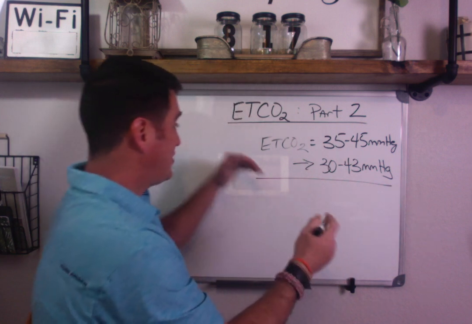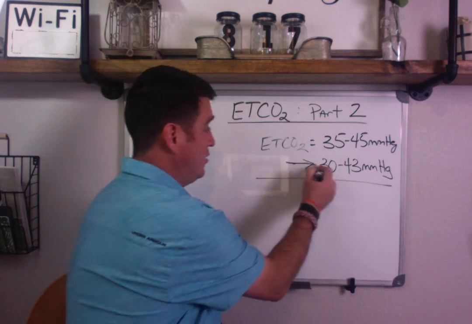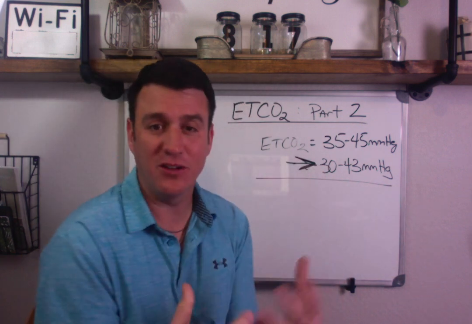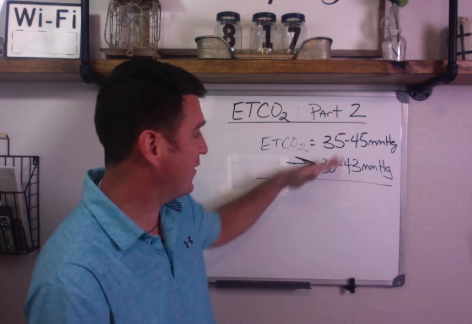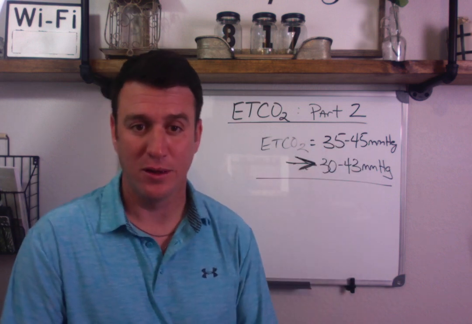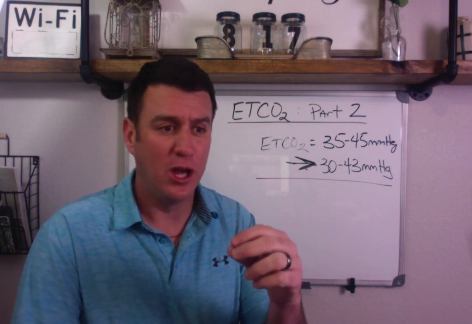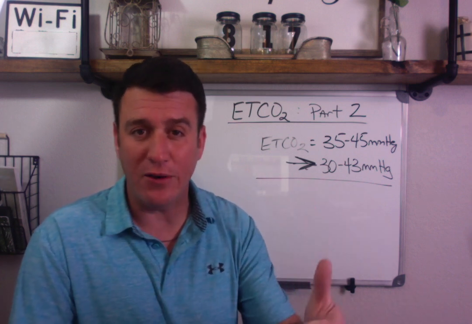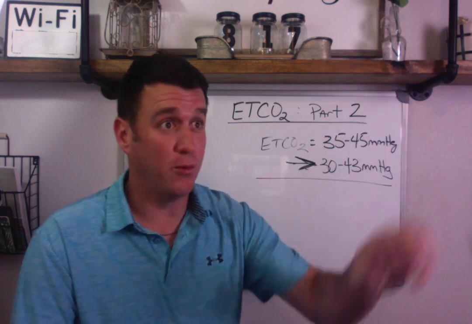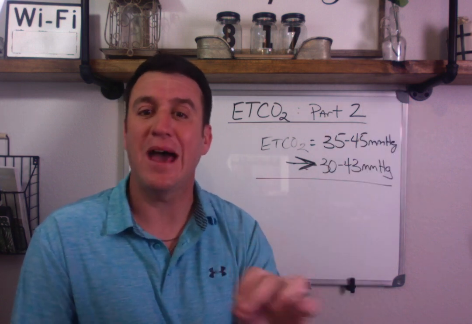Okay, now if that's normal Tidal CO2 and we're going to use this, here's what I'm going to tell you, because there's a very slight discrepancy here, that doesn't even matter, because I'm about to show you how the Tidal CO2 value that you see on the screen doesn't even matter.